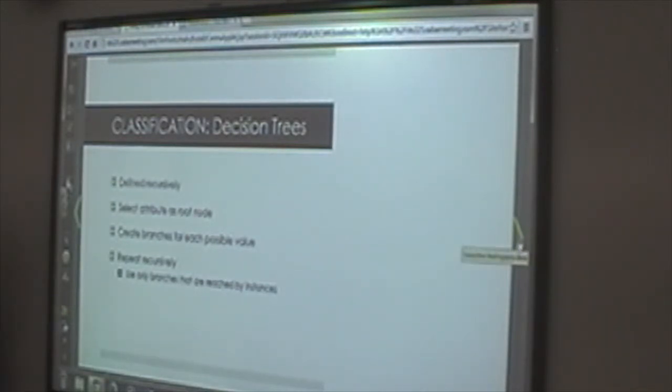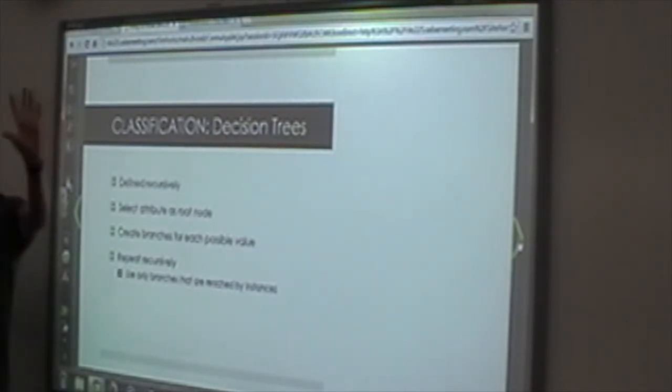But the key ideas are that in the weather example, we have the one class, play or not play, at the very end, and the 4 other attributes. And the idea here is we're going to choose one of those 4 attributes to start making decisions. That's why it's called a decision tree.